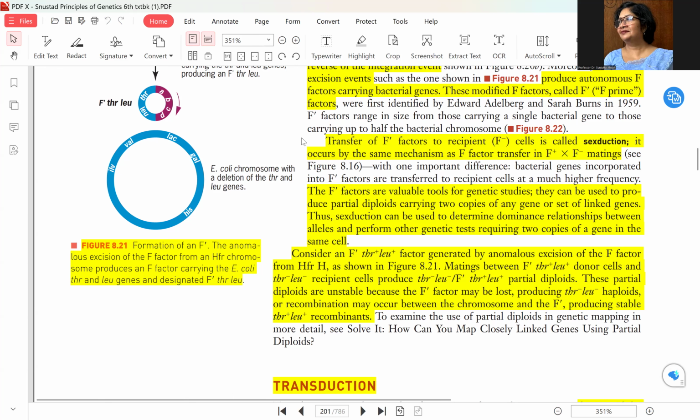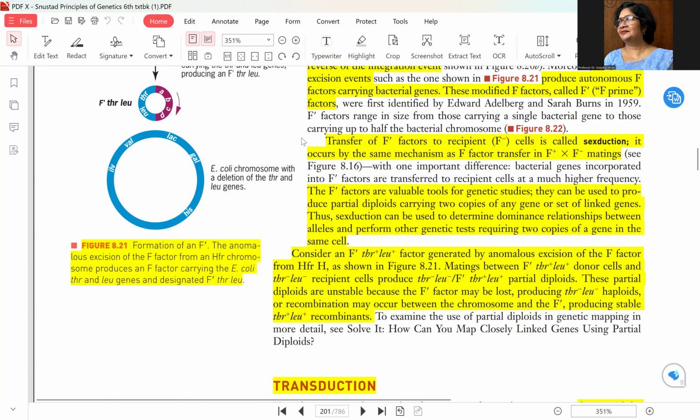That is, the F factor stays independently, the host chromosome stays independently, in which case the bacteria continues to be a partial diploid. Or, in rare cases, the sequences of the F prime factor, which are derived from the previous bacterial host, can replace the sequences in the bacterial host chromosome, and the bacteria then becomes a haploid cell again. It does not remain a diploid cell anymore.